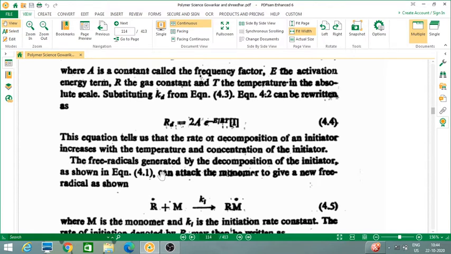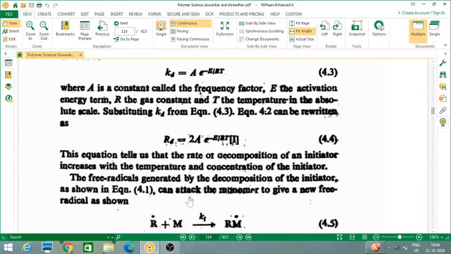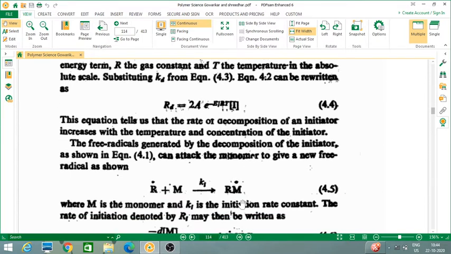The free radicals generated by the decomposition of initiator are shown in equation 4.1. As shown there, they can attack the monomer to give a new free radical. So this is the initiation step, where the first fresh monomeric species is attacked by the free radical, and we get a new free radical, where M is the monomer and Ki is the initiation rate constant.